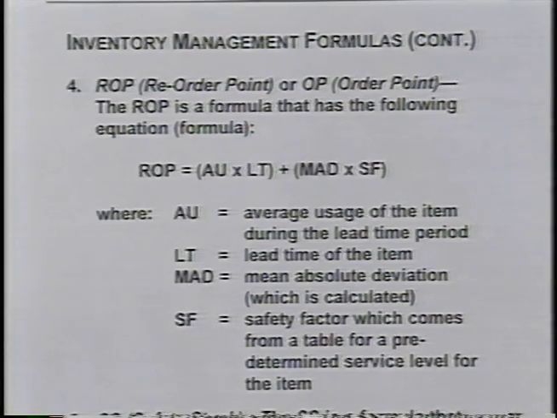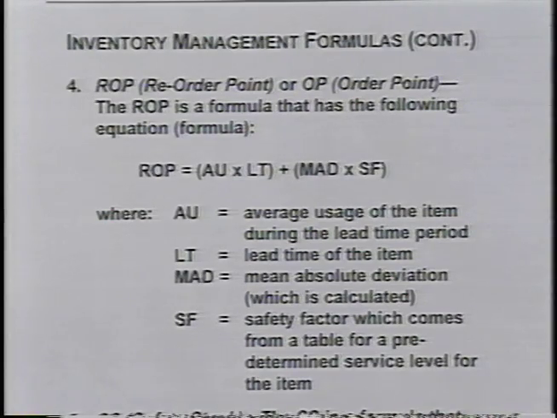The first portion is average usage times the lead time. That portion I call working inventory. That's the first type of inventory which is used. A little later, we'll show you an order point system graphically, and it will become very clear in terms of my definition of working inventory.